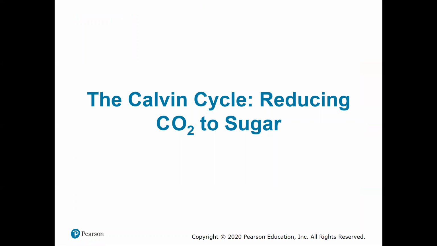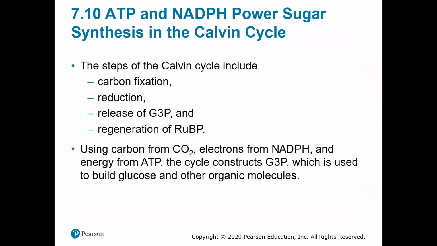So the Calvin cycle, reducing carbon dioxide to sugar. There are steps in the Calvin cycle: carbon fixation, reduction, the release of G3P, and the regeneration of RuBP. Those are the four main steps of the Calvin cycle.